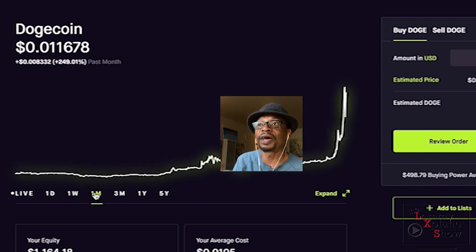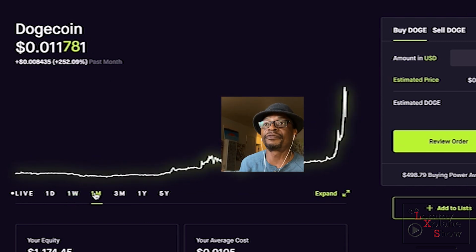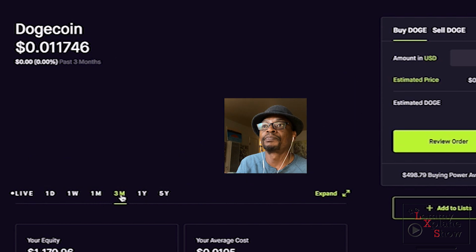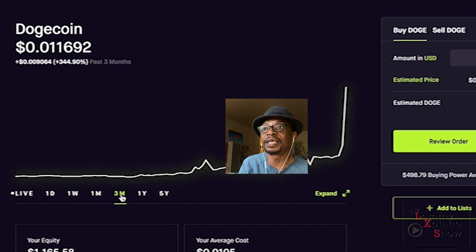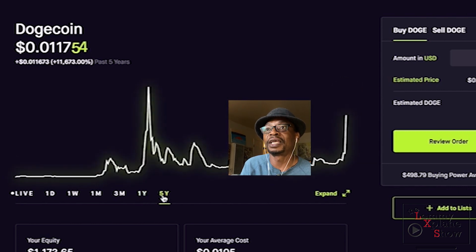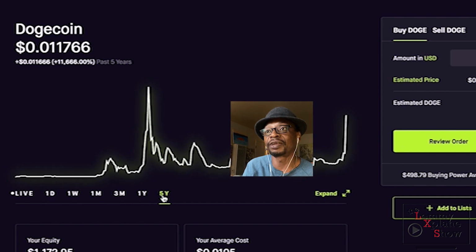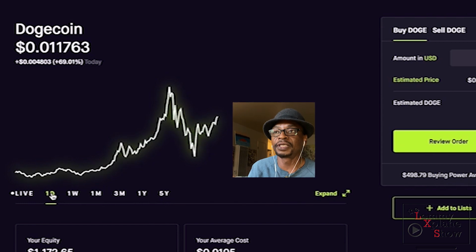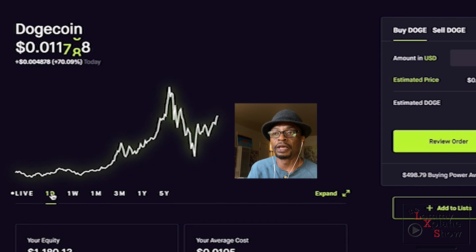And in the last month, it's an increase of 240 to 50%. In the last 3 months, 346% increase, and in the last year, 478%. Last 5 years, 11,600 plus percent increase.